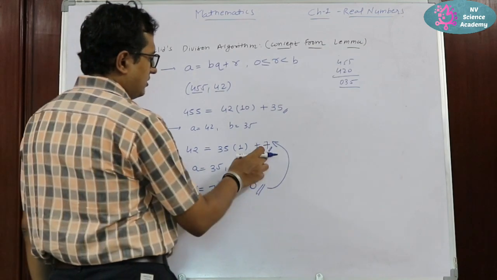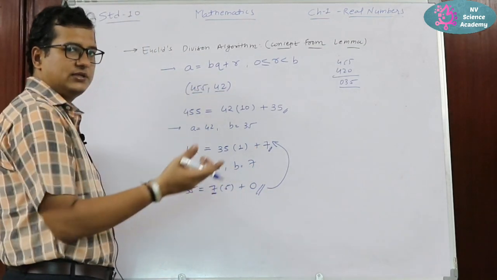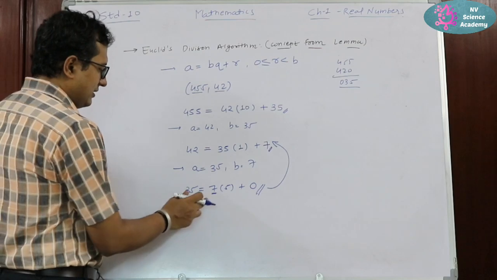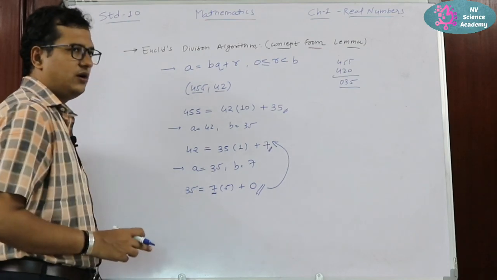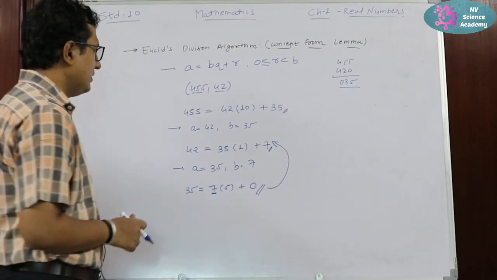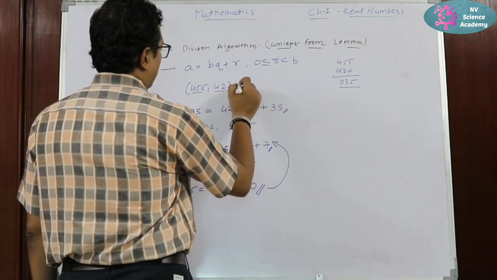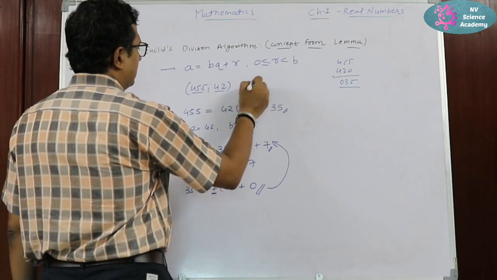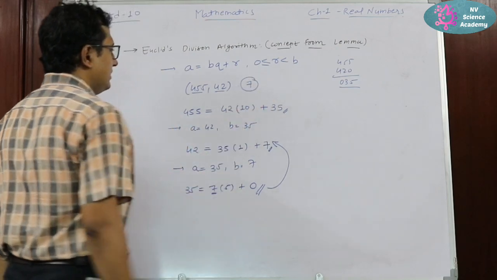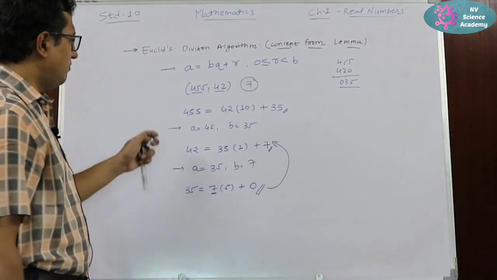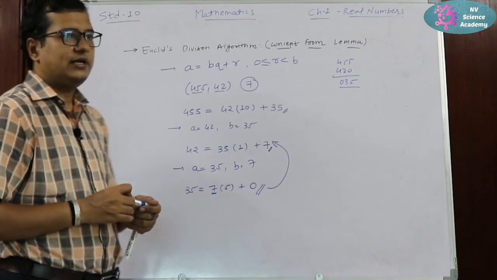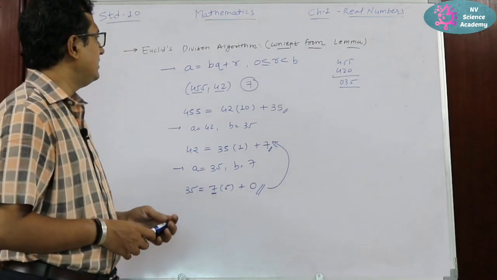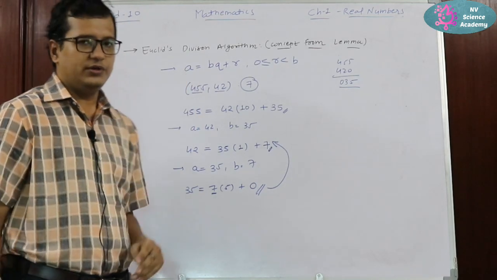Here, the HCF of 35 and 42 is 7. So by this method you can find out the HCF by using Euclid's division algorithm.